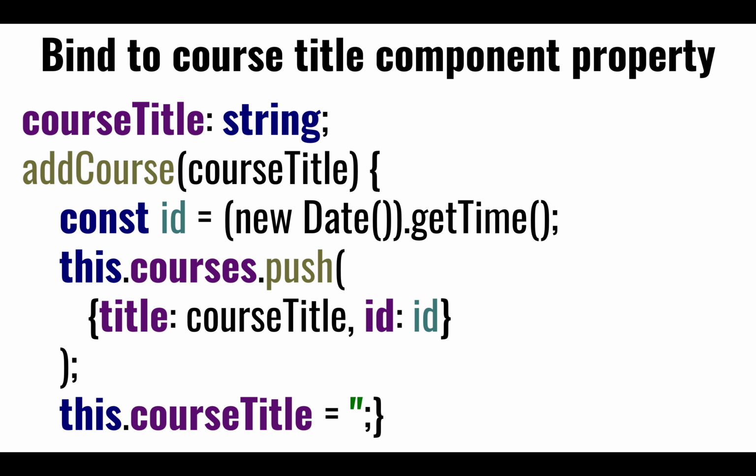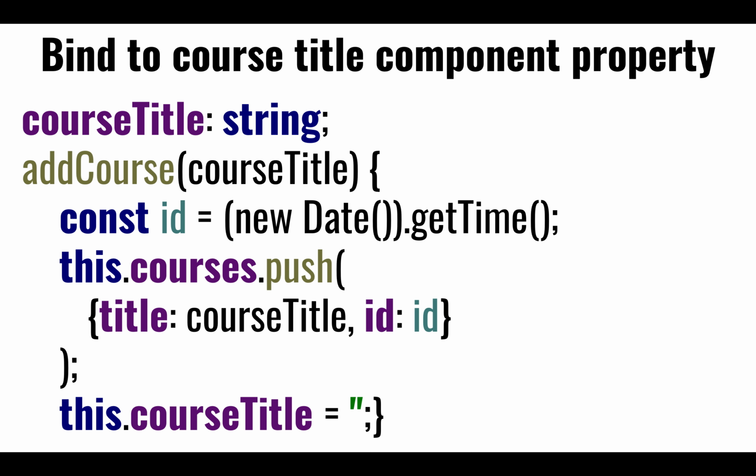So in add course, it's the same thing we had earlier before. The only difference here is that we're doing the same thing. We're creating a brand new ID. We're pushing the new object into the courses array. The only new thing here is that we are updating the course title in the controller.